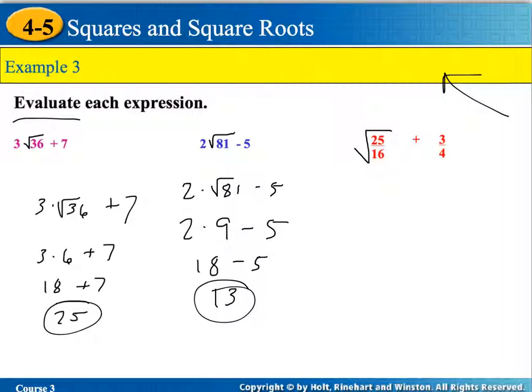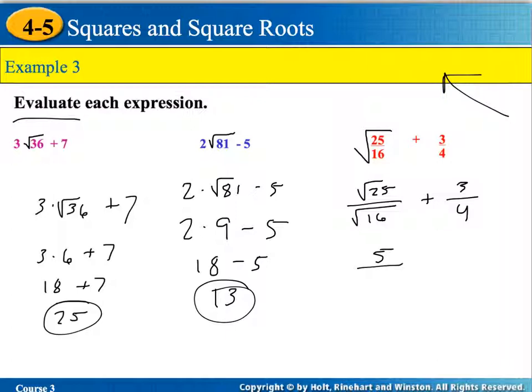Now, finding the square root of 25 over 16 is just like saying the square root of 25 over the square root of 16. So when you do that, it's a little tricky. Again, I wanted to see if you could do it. You can find out very quickly. The square root of 25 is what? 5.